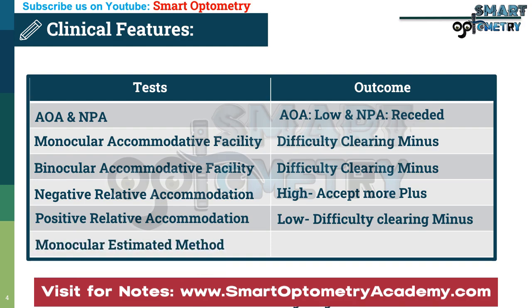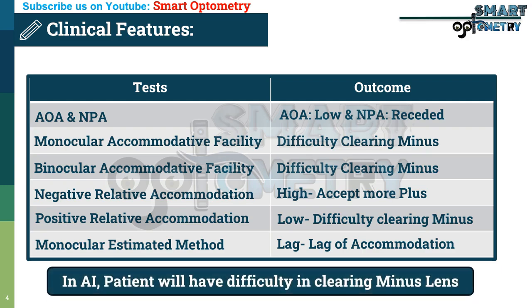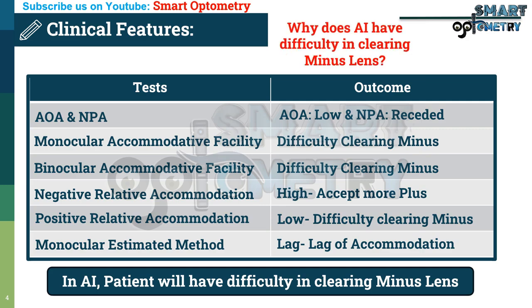In monocular estimated method, there will be lag of accommodation, so it will be high, generally more than 0.75 diopter. Remember, in accommodation insufficiency, patient will have difficulty in clearing minus lens. Now you might be thinking, why does accommodation insufficiency have difficulty in clearing minus lens? Let's see in the next slide.